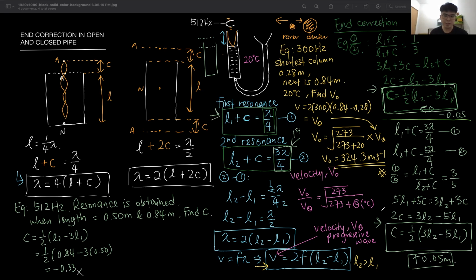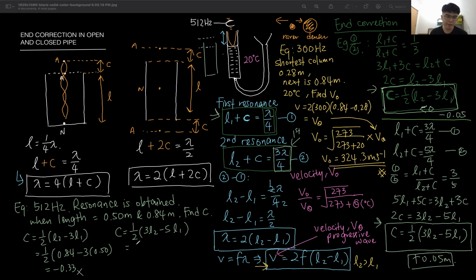So we then use the second, C equals half of 3L2 minus 5L1. Okay, so this is based on the assumption that it is the 3 lambda over 4, and the next one is 5 lambda over 4, right?